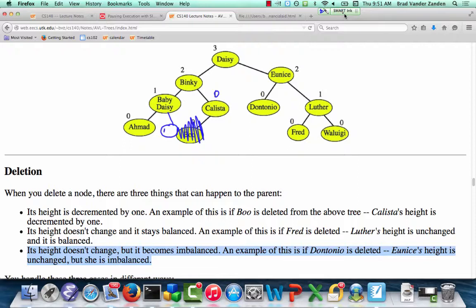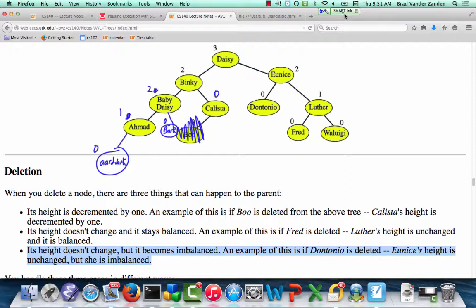Bark. Okay. And now I believe I can add aardvark here. 0, 1, 0.